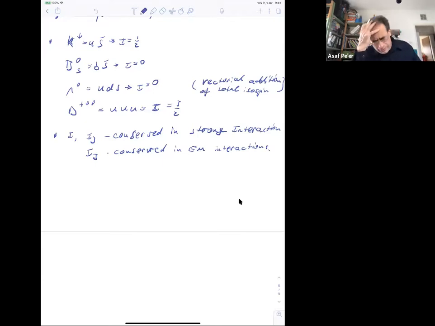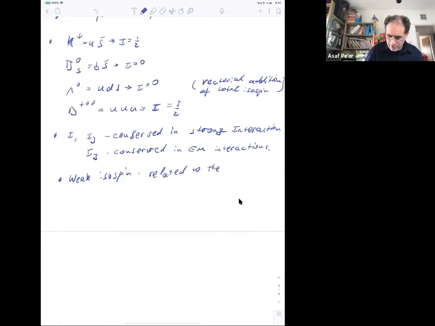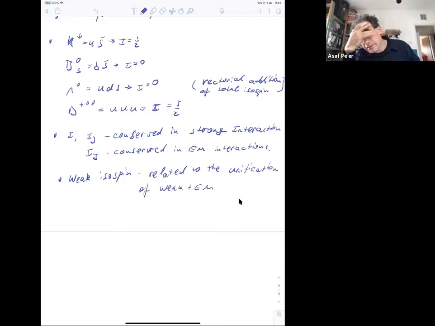It is related to the unification of the weak and electromagnetic interaction. I only mention it so that you might read it in a textbook and not get confused. Again, it's got nothing to do with the isospin we're discussing here right now.